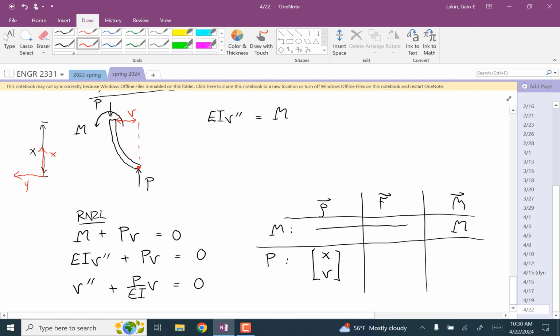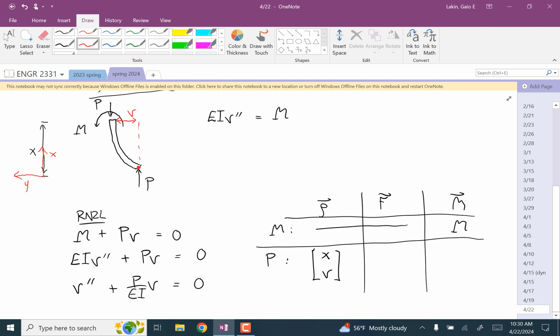So you can think of it as a turned coordinate system, or you can think of it as sideways with a regular coordinate system. Either way, when we do internal loads in beams, we've never dealt with thinking about a deflection like this. But if you want to think about it that way, you can.